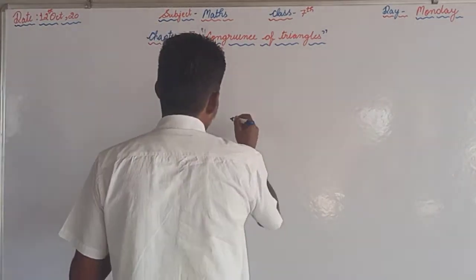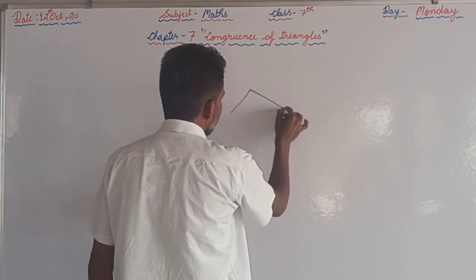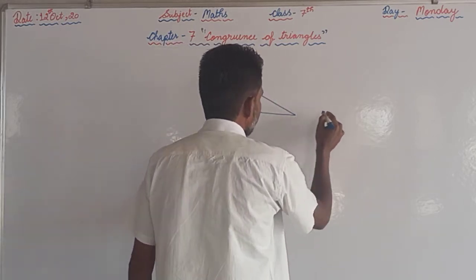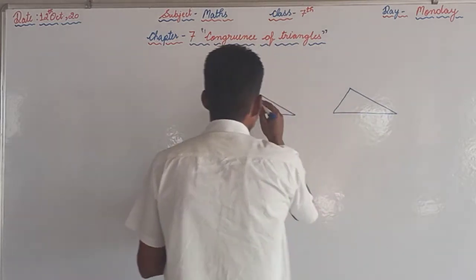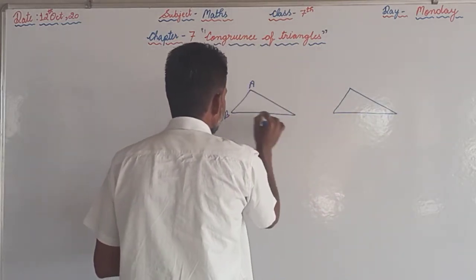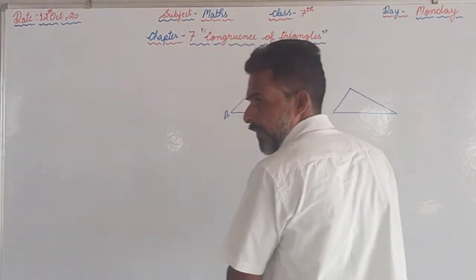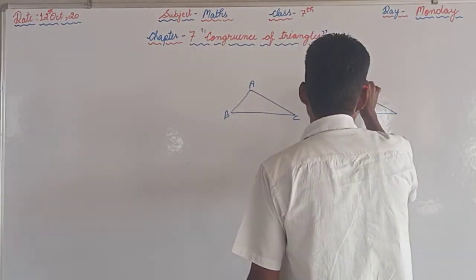If two triangles are there, suppose one triangle is this and one triangle is this. The name of this triangle is ABC and the second triangle is PQR.